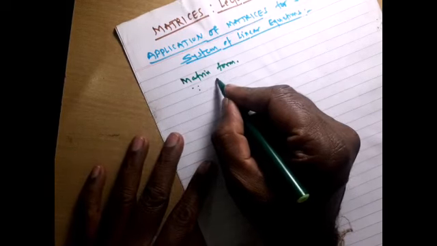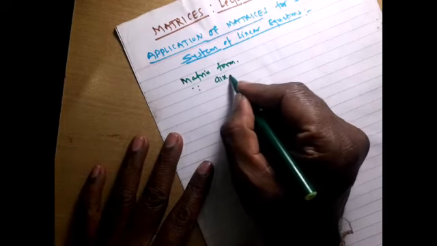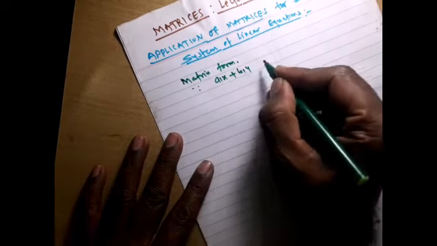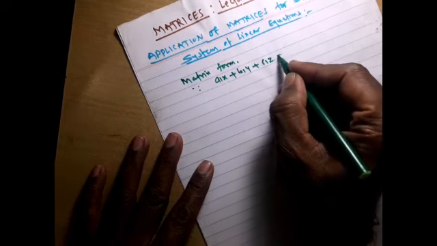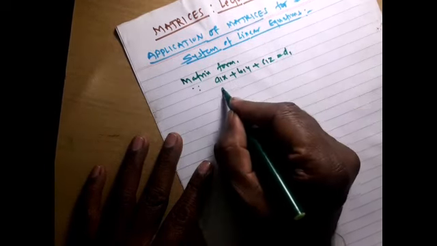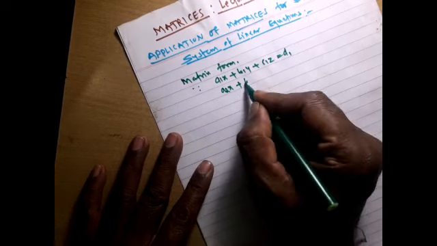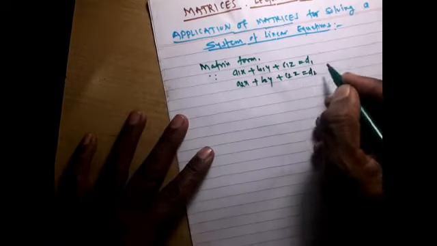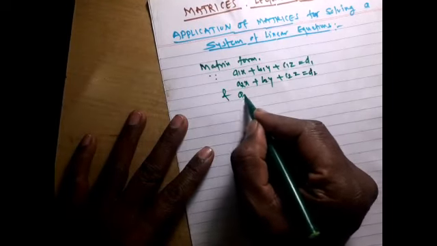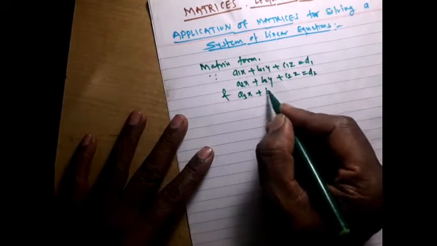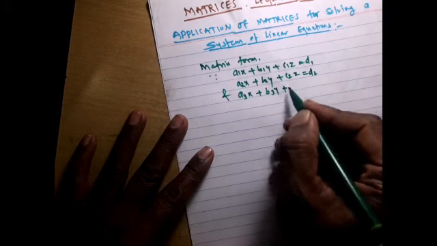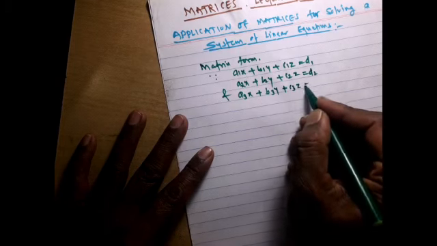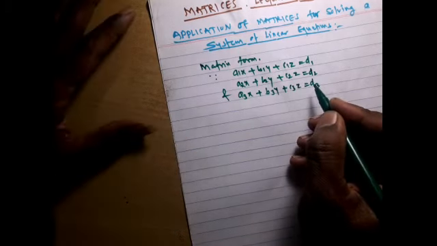Suppose the equations are a1x plus b1y plus c1z is equal to d1, a2x plus b2y plus c2z is equal to d2, and third equation a3x plus b3y plus c3z is equal to d3.